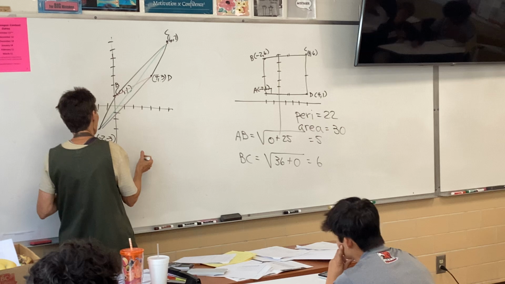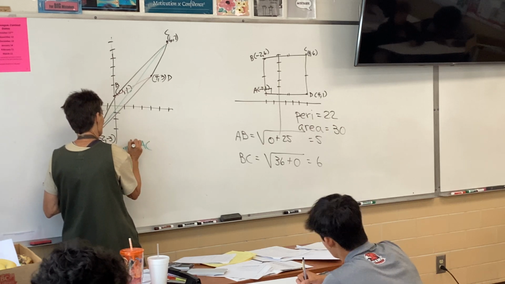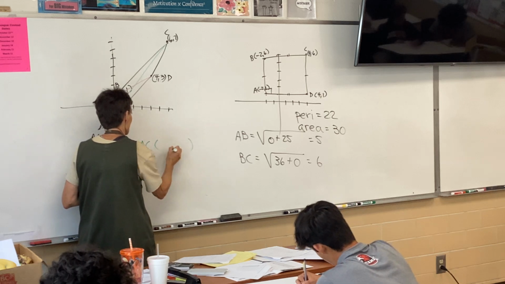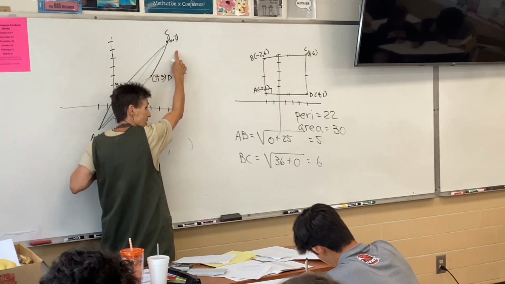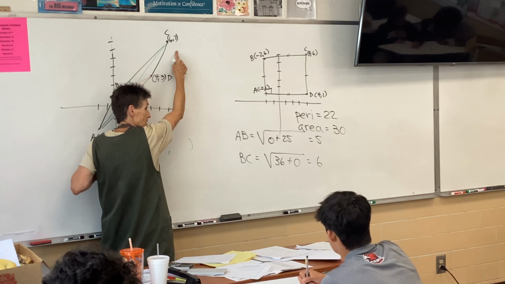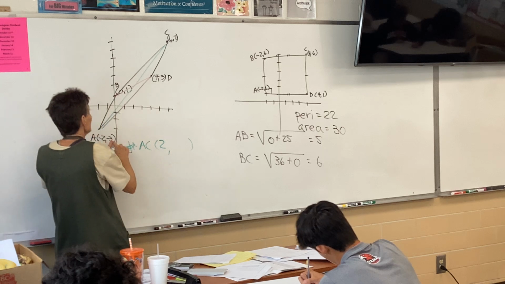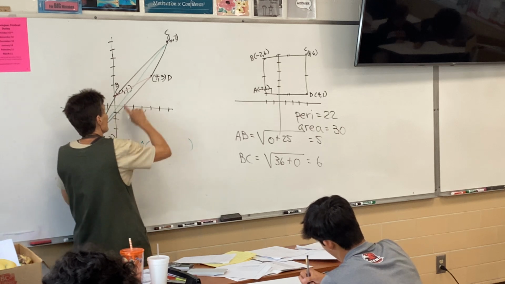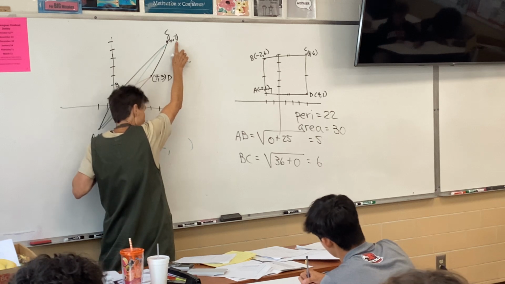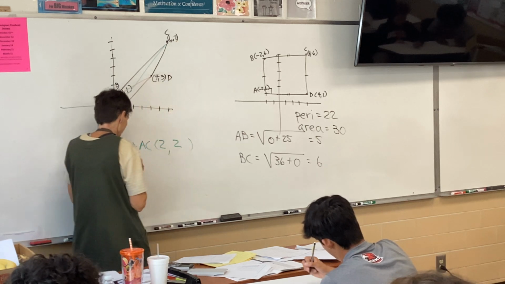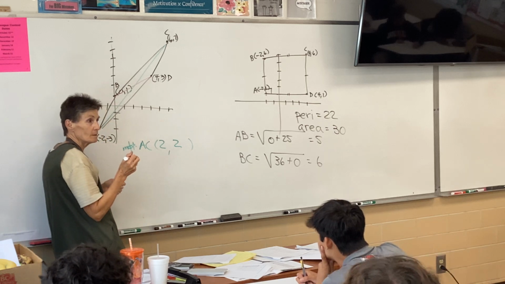Midpoint is average. So for the green, which is AC, average: -2 plus 6 is 4, divided by 2. Perfect. -3 plus 7 divided by 2. All right, there's green. Everybody still with me? Kind of rushing.